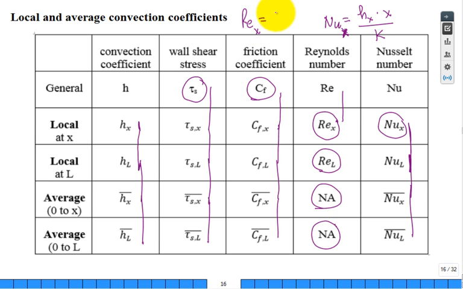It's U infinity times x divided by nu, or you could put mu over rho instead of nu. Right? Isn't nu equal to mu divided by rho? Yeah, very good. All right, so at least some of these don't make any sense. But the rest of them, sometimes that's the way the problem is worded.